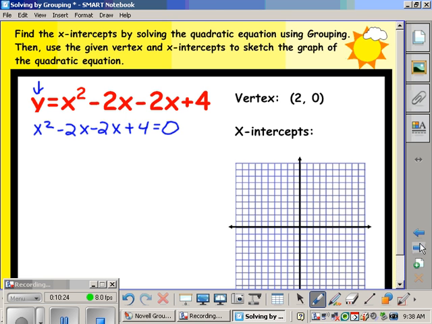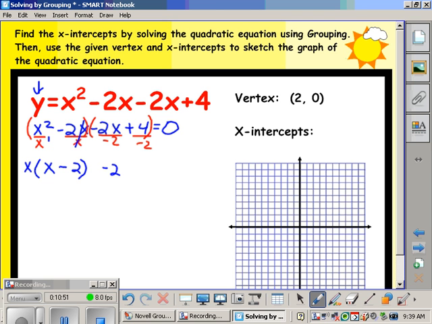So if you look at all four terms, there's no greatest common factor of all four terms. So we'll move to grouping, and we'll factor out an x in the first set of terms, and we'll factor out a -2 in the second set of terms. So for the first set of terms, when we factor out the x, we'll be left with x minus 2.